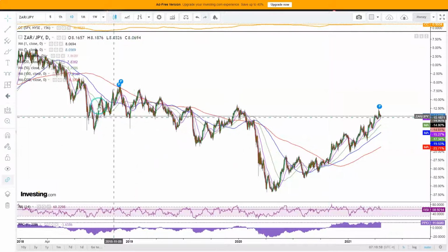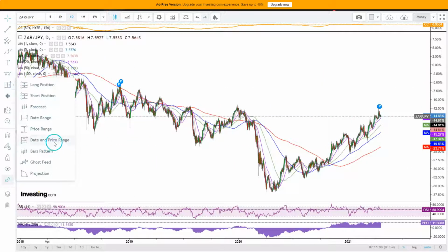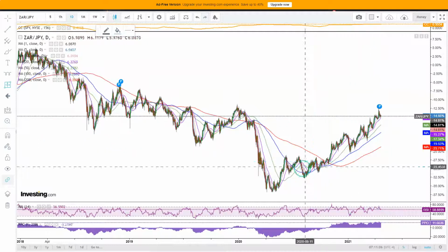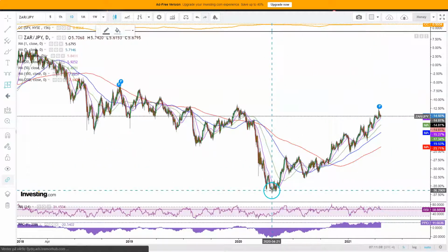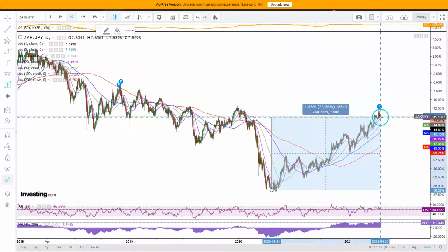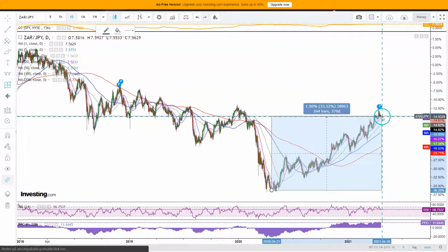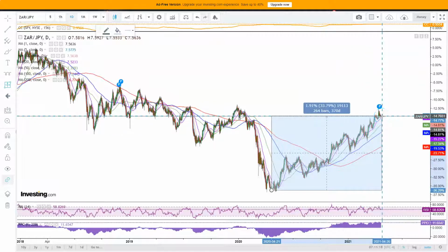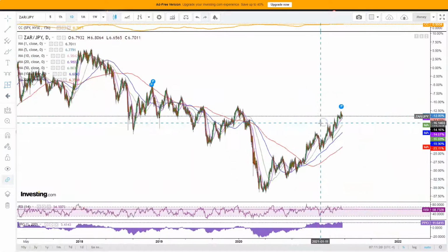But the problem with breakouts is that, number one, they are very mediocre bullish trades. The bullish trade here for this pair, as an example, would be to get closer here to the lows and be a part of this significant rally. So from that low to the current level, that is a 34-ish% rally.